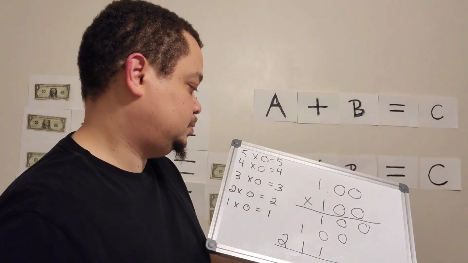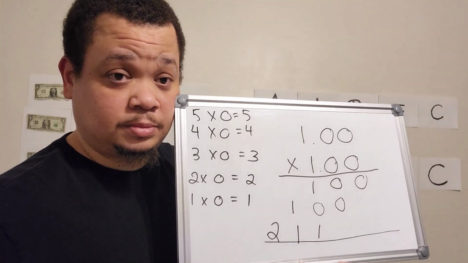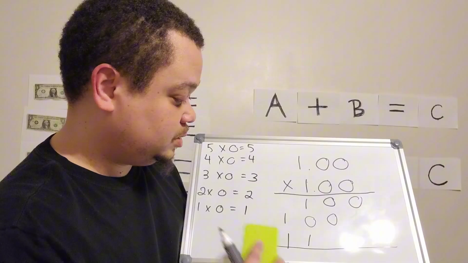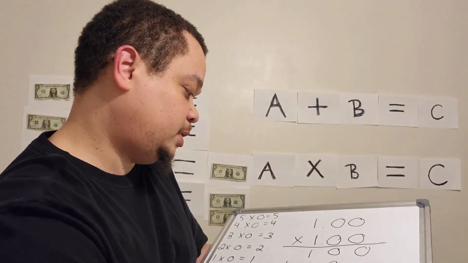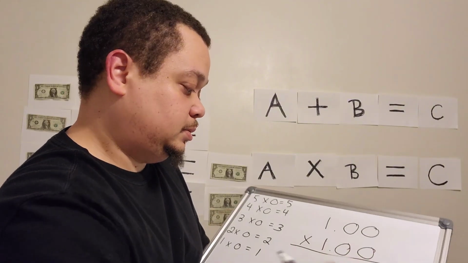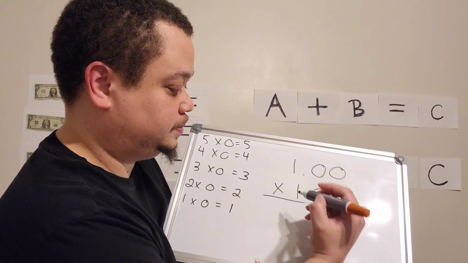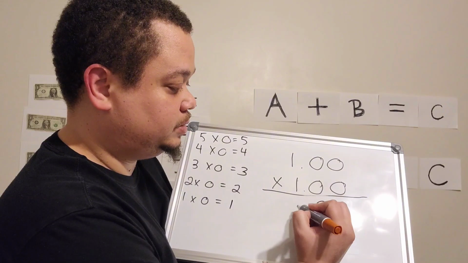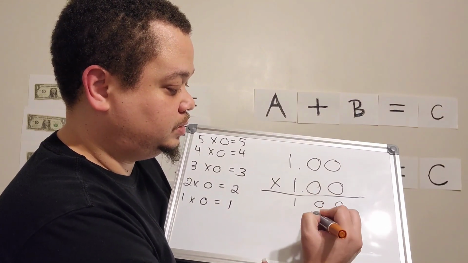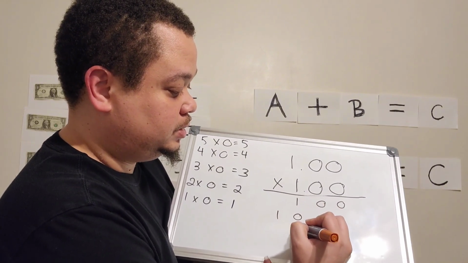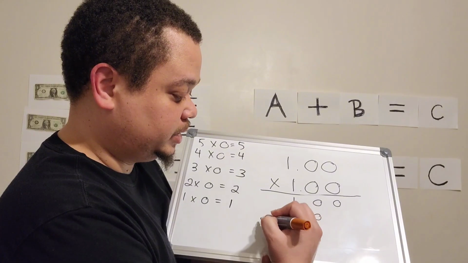All right. Let me write it a little smaller so I can get the number. Zero, 1, 0, 1, 1, 1, 2.